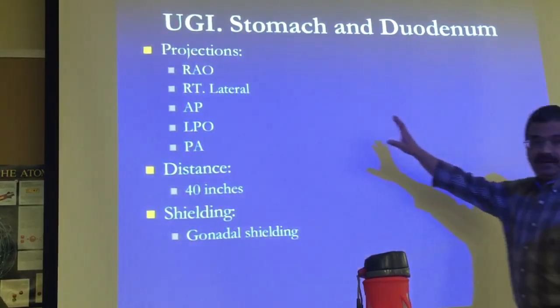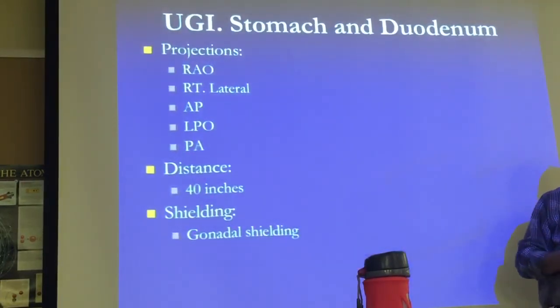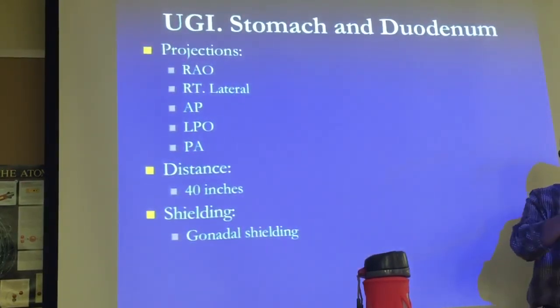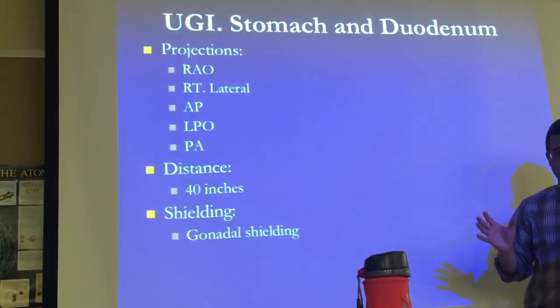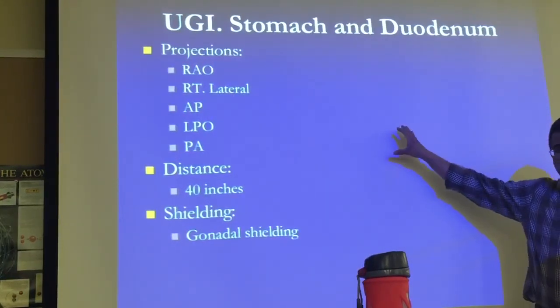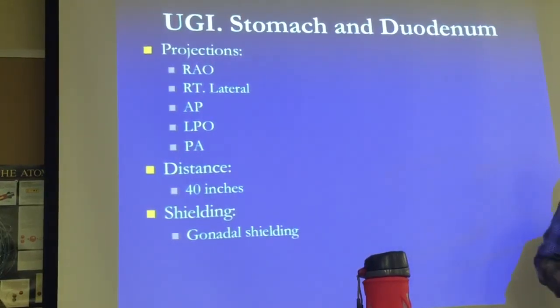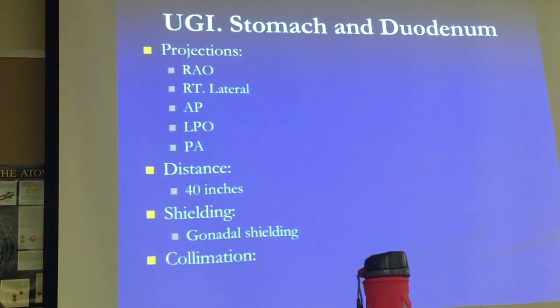But for the overheads, yes, you can use a lead shield. The pictures you're doing, not during fluoro, but with the overheads, you can use a lead shield. Okay, collimation, yes, you collimate when possible. Now, don't try to collimate and end up cutting off the anatomy of interest, because then you'll have to repeat the x-ray. So collimate as much as you possibly can.